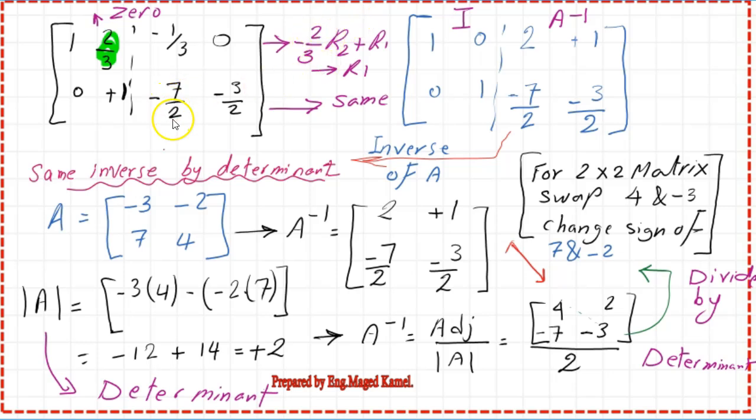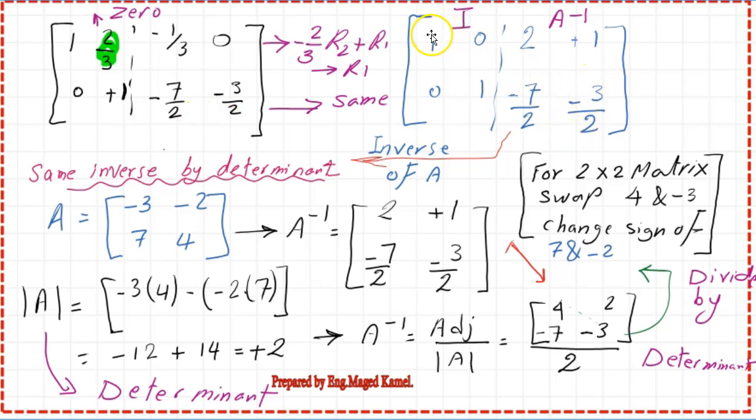Minus 2 over 3 multiplied by minus 7 over 2 will become plus 7 over 3, and we add to minus 1 over 3, so we have 2. And minus 2 over 3 by minus 3 over 2 will become plus 1, we add it to 1. The second row is the same, no change: 0, 1, minus 7 over 2, minus 3 over 2.